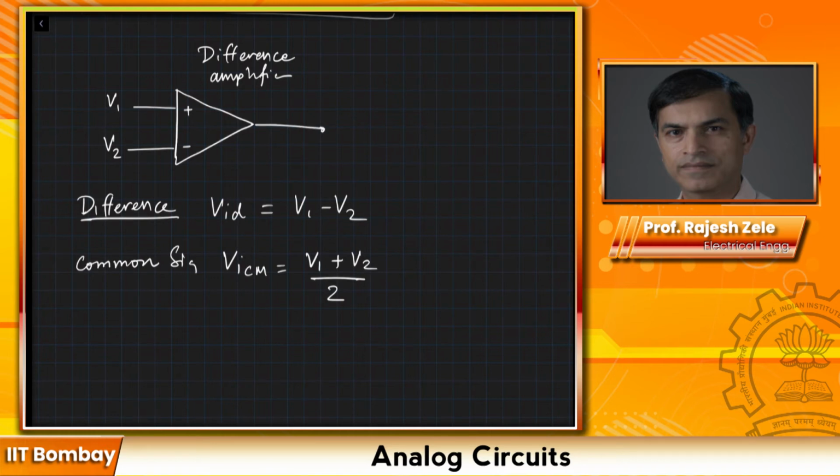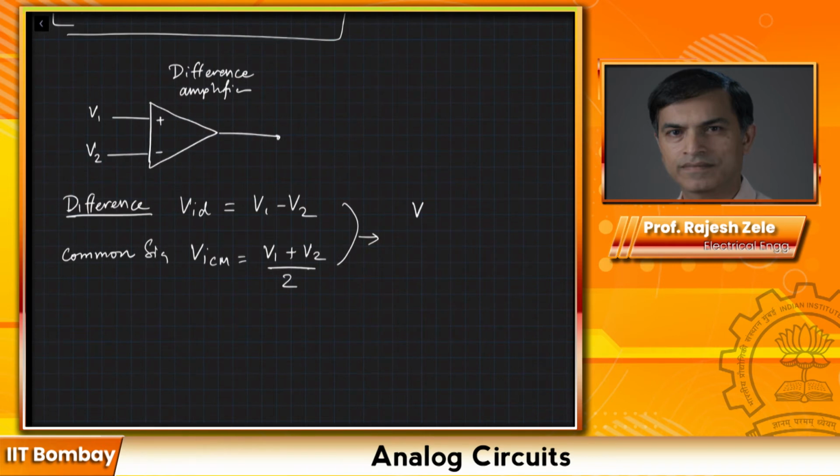Got it? So I can solve these two equations and come up with V1. I can write it as VICM plus VID divided by 2, and V2 I can write it as VICM minus VID divided by 2. So that's a trick we use all the time as circuit designers: if you have two different voltages V1 and V2, then we split them into a common mode signal and a differential signal.